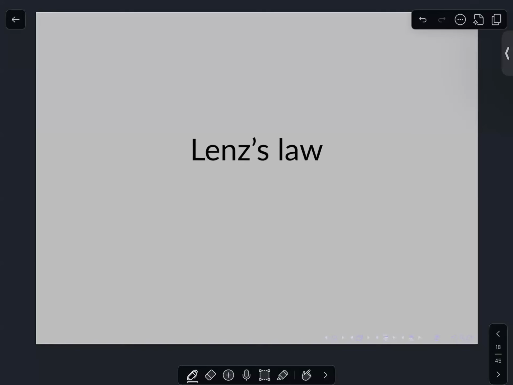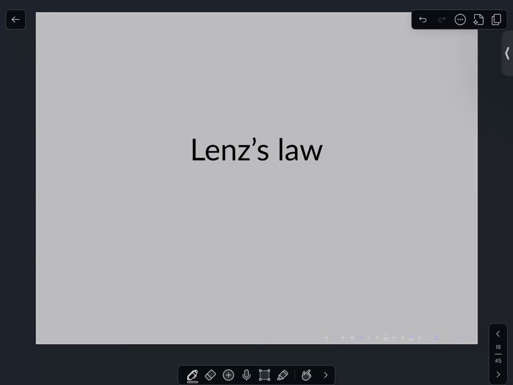What if I've got a left flux that is weakening? How do I oppose that change? More left. Does that feel okay? What if I've got an up flux that's decreasing? It's up, but it's less up. How do I oppose the change? Up. I oppose the decrease by trying to replace some of the up that's being lost.